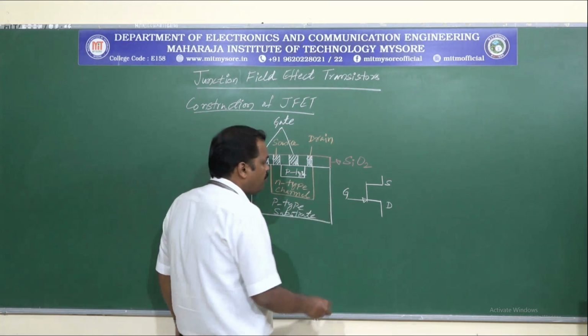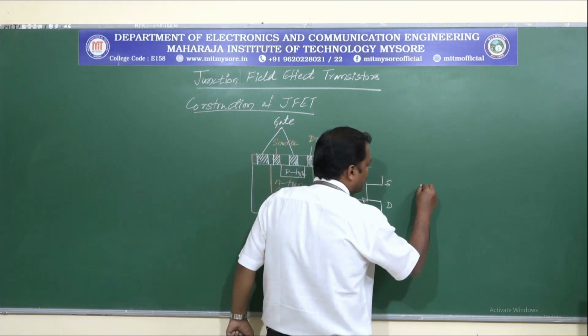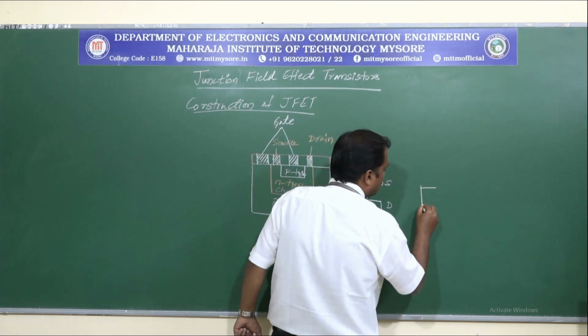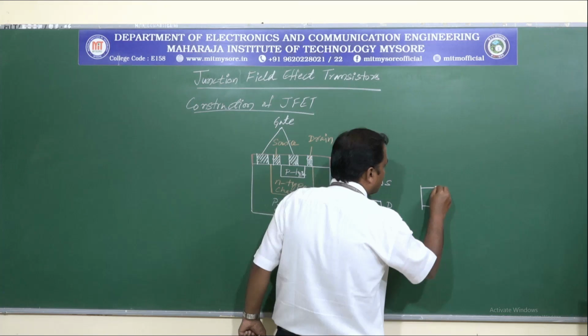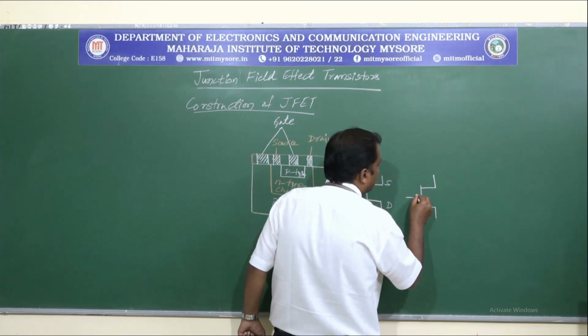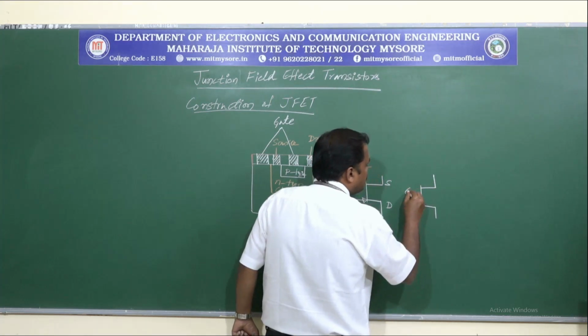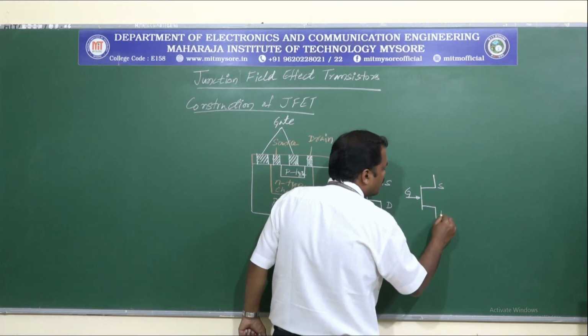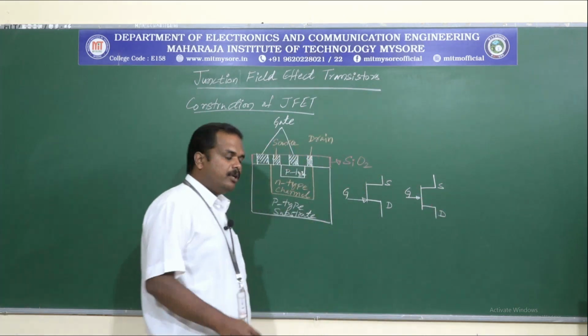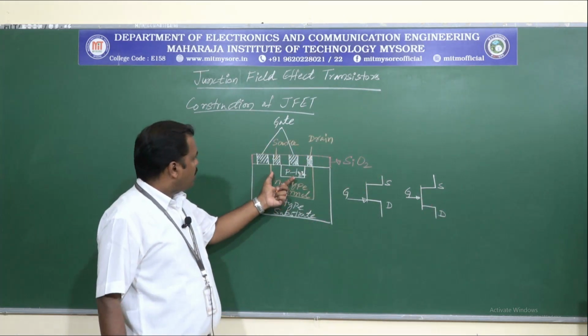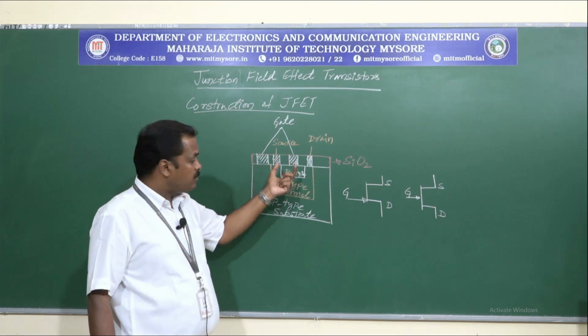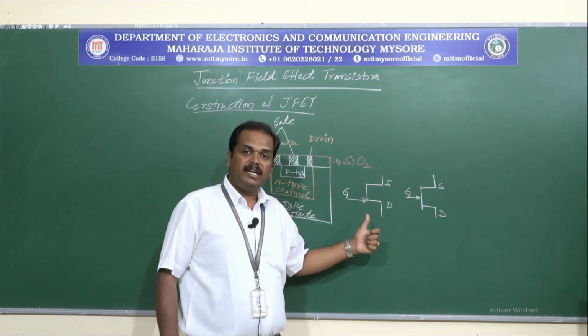Now, this can also be written like this. So, this is gate terminal, this is source terminal and this is drain terminal. Here we understood that there are two gate terminals, but in the symbol we have only one gate terminal.